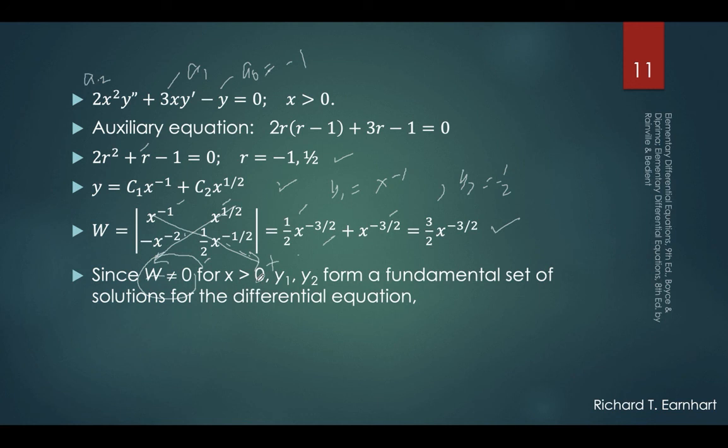Okay, so you can choose any value of x, and the value of W will never be 0, and therefore your y1 and y2 form a fundamental set of solutions for the given differential equation, 2x squared y double prime plus 3xy prime minus y equals 0 for x greater than 0.